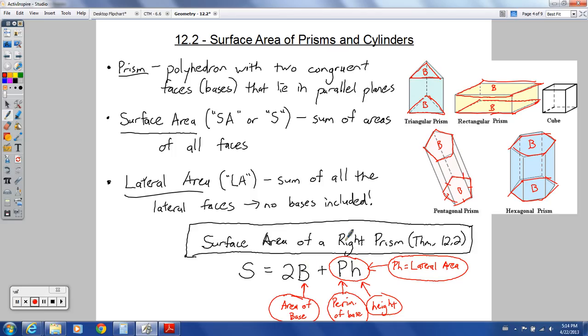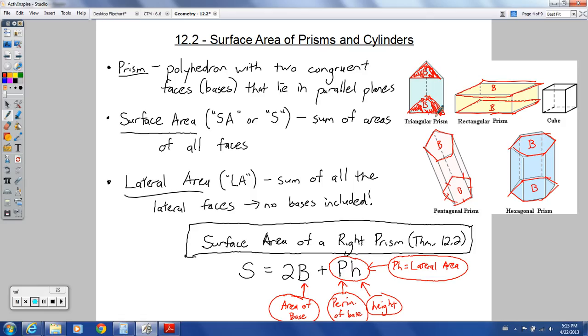Now why does this work? Let's just think about why this works before we move on. If I were to find the area of the two bases, going back to this one, I'd be finding this part right here and this part right here. So of the 5 faces I have here, that gets me that part and that part. I could find the area of each one of these rectangles separately. I could find this as length times width, or base times height, however you wanted to think of that.